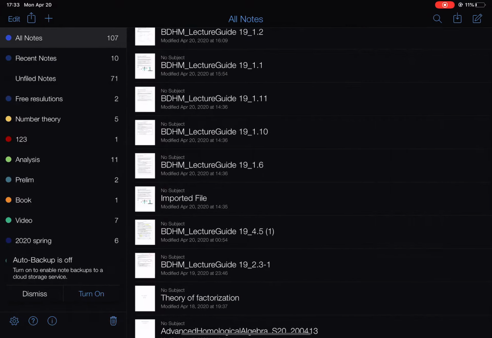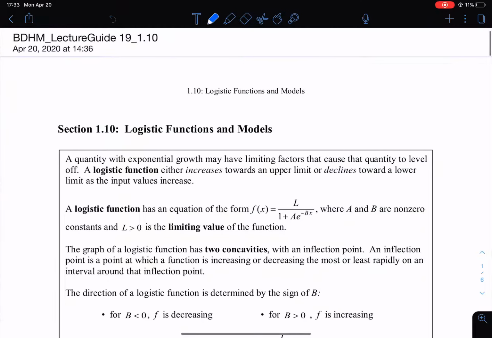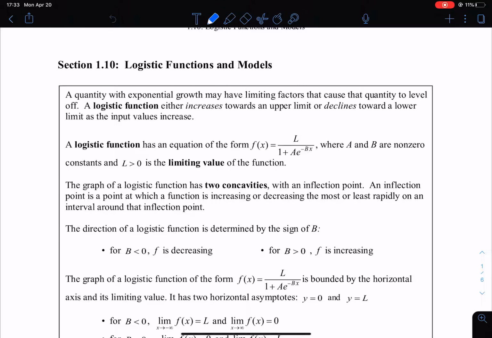Alright, so next part, let's go to section 1.10, logistic function and models. A logistic function has the equation of the form L divided by 1 plus a multiplied by e to the minus b times x, where a and b are non-zero.